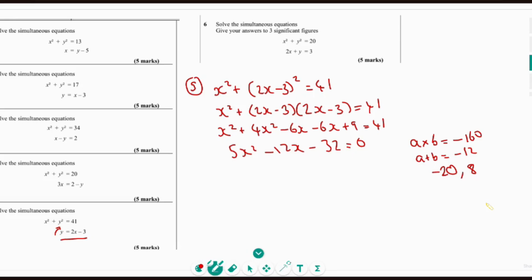Now, there's an option of solving this using the formula as well. If you've used the formula, you would have got the same answer.